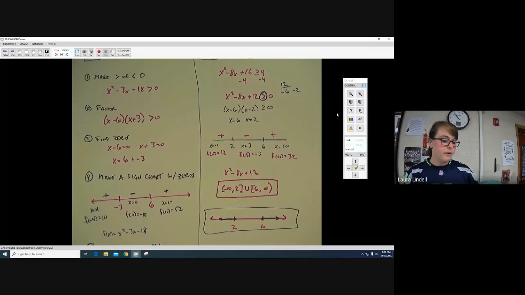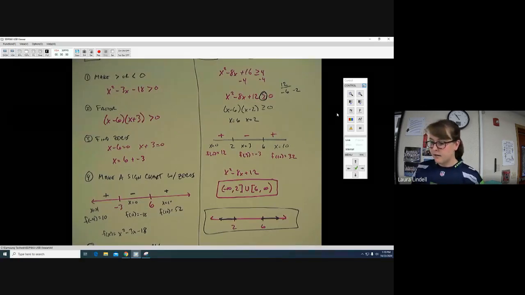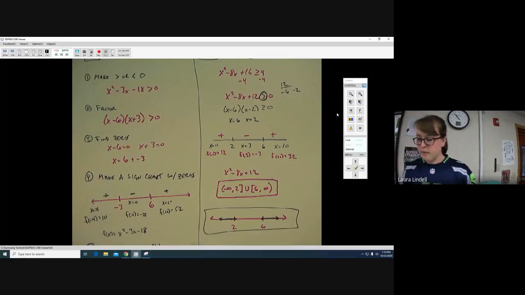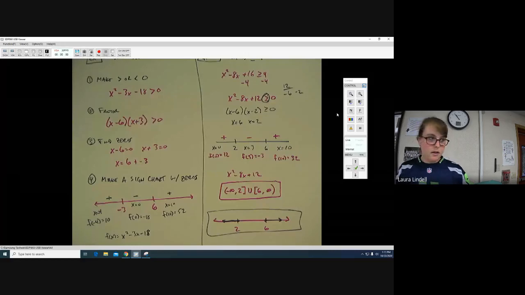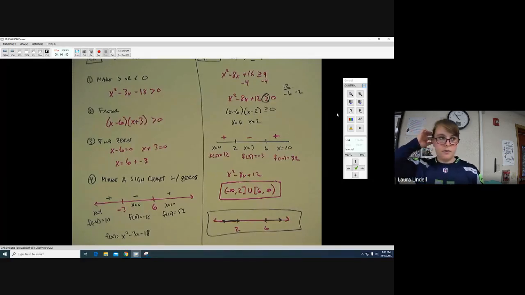It's kind of like when you were doing it with linear ones: if you had a greater than or equal to, it was a closed dot. If it's a strictly greater than, it's an open dot. Same idea as algebra. Good question. Yeah, so in interval notation, the bracket is the same as a closed dot. Any other questions or anything before we look at some other cases?